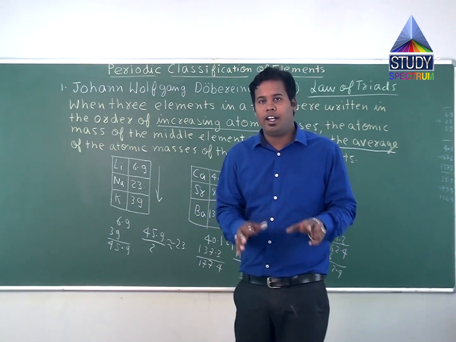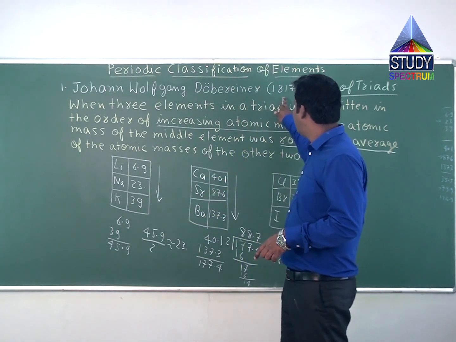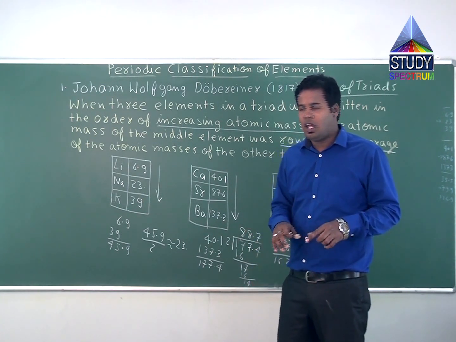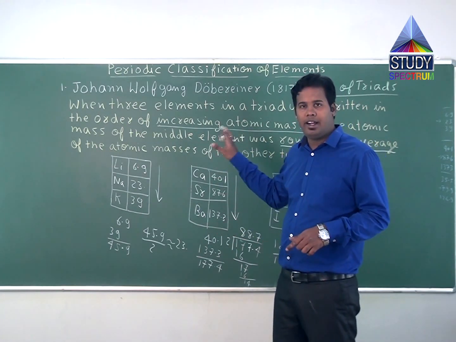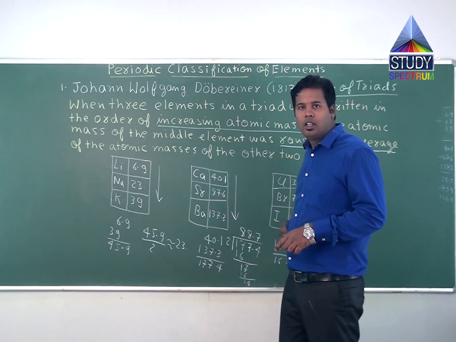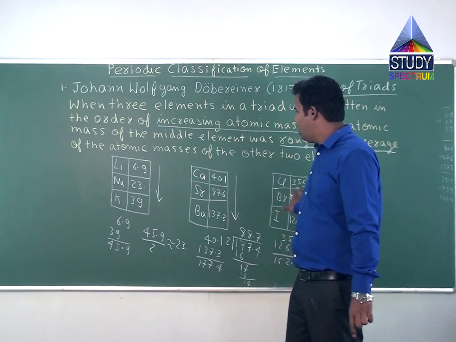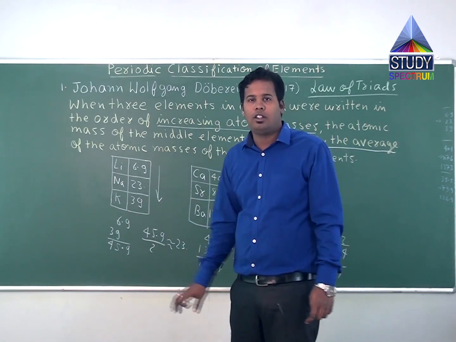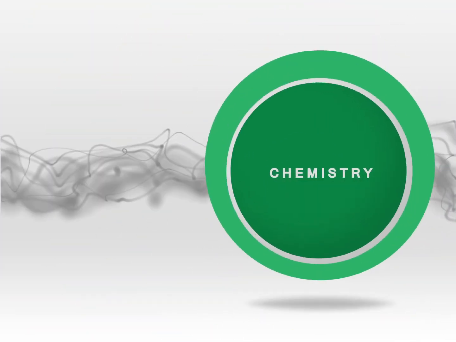At that time, in the early 19th century, in the year 1817, only a few elements were discovered, roughly 30 elements, and the first recognized attempt by the German scientist Johann Wolfgang Dobereiner formed only three triads among the elements present at that time. So we'll try to understand the merits and demerits once again of this particular scientist.